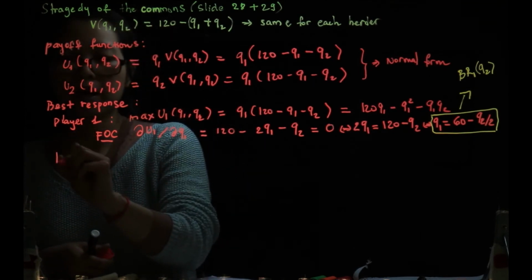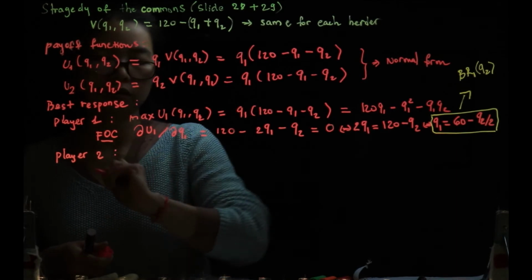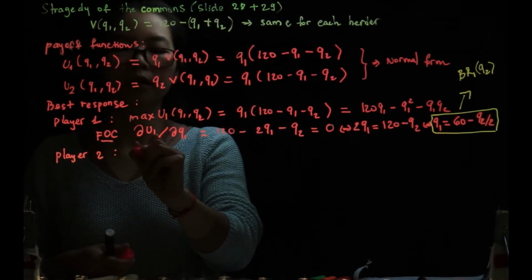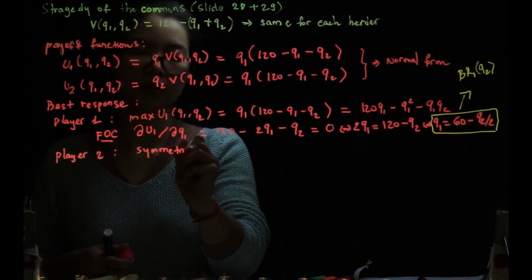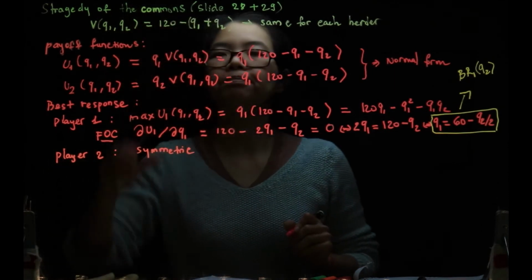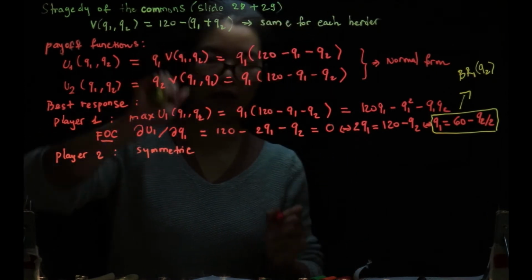Now for player 2, the other herder, it is actually symmetric. Why? Because you have the same value per chip here.